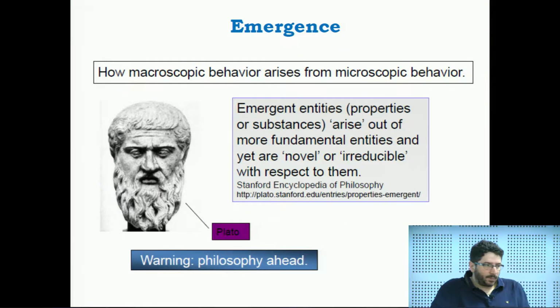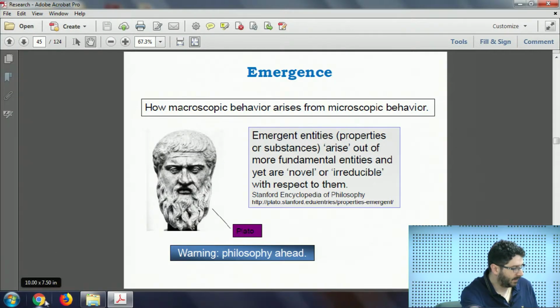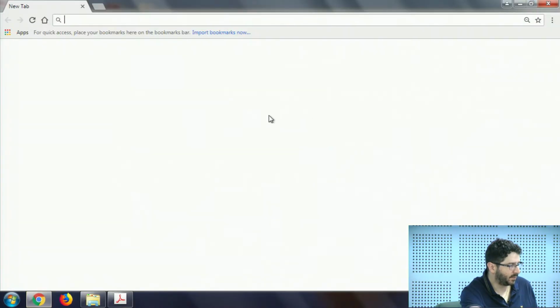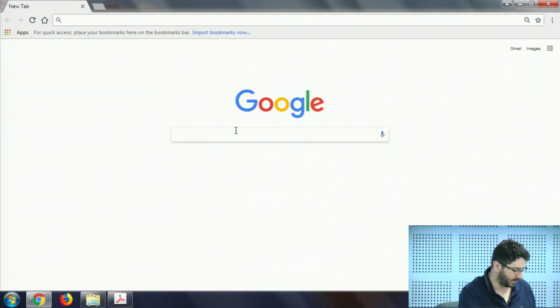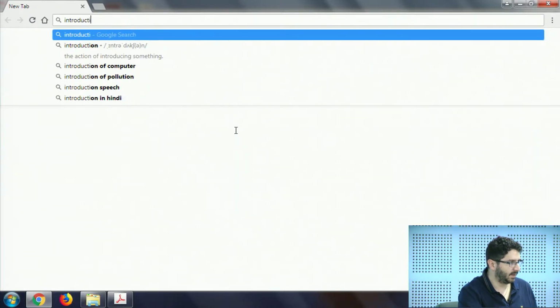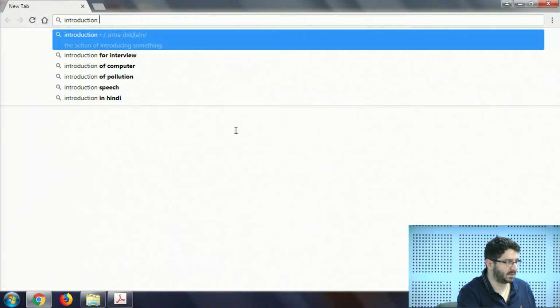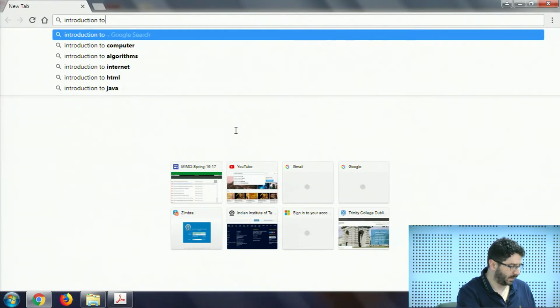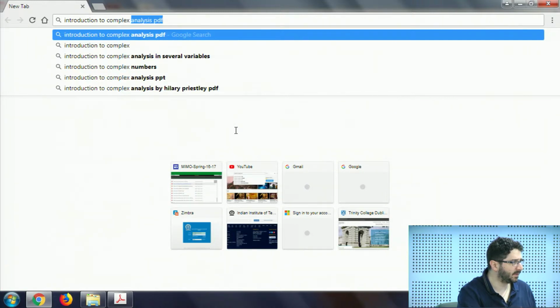There is a nice book called Introduction to Complex Systems, probably by Melanie Mitchell. See if I can find it. That's the first book I read on the topic. It's nice actually, very easy to read. It's not a very technical book, but it's a very good introduction.